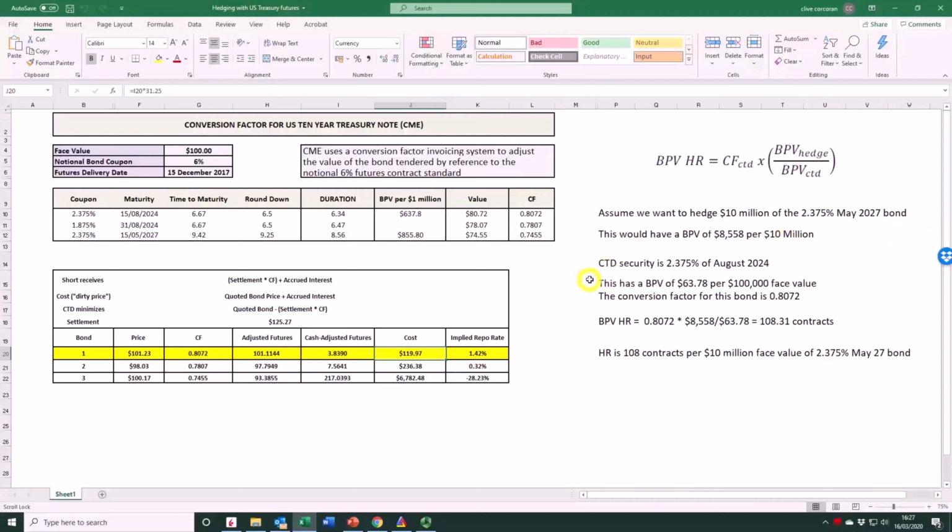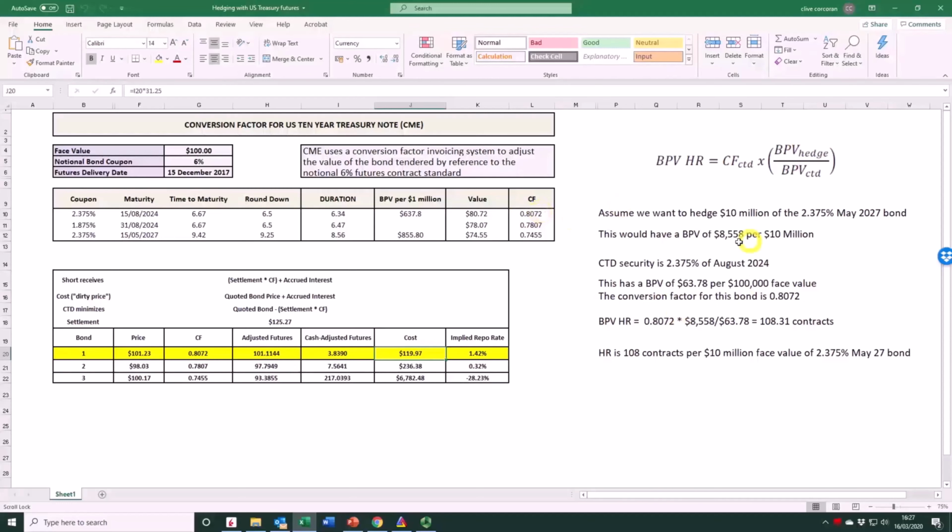The cheapest to deliver security, we've already talked about that, and we know what the BPV of that is. But we need to think in terms of the contract, which has a $100,000 face value. We know that the conversion factor of this bond, we've already calculated that.